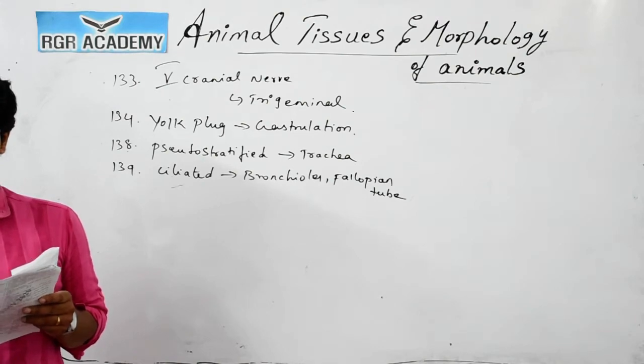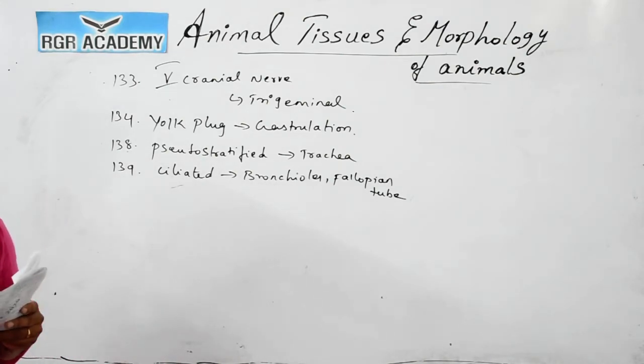140, stereocilia occurs in the pseudo stratified columnar epithelium of the epididymis.